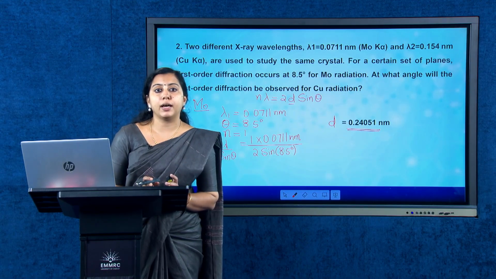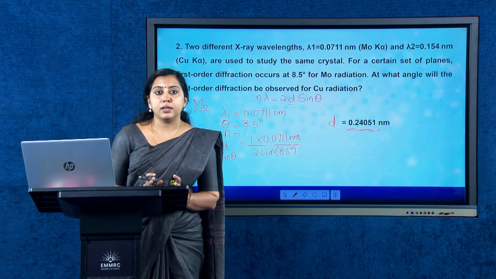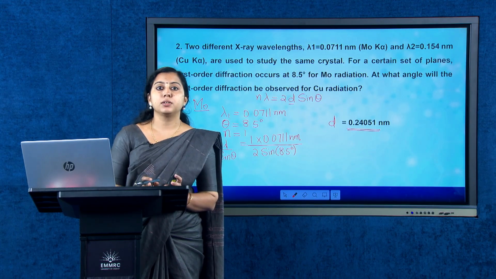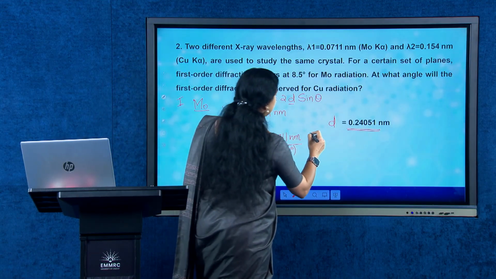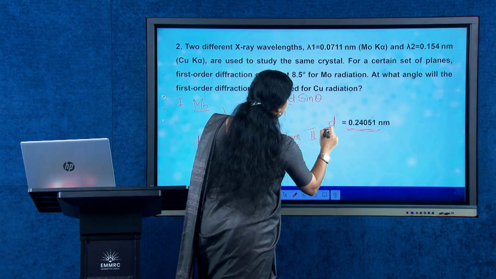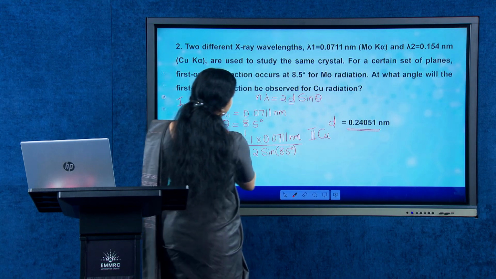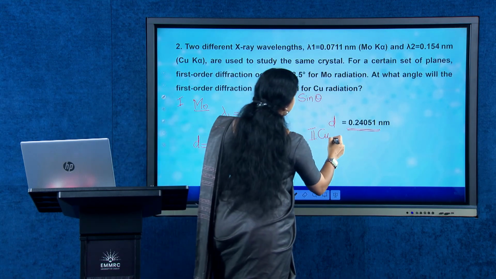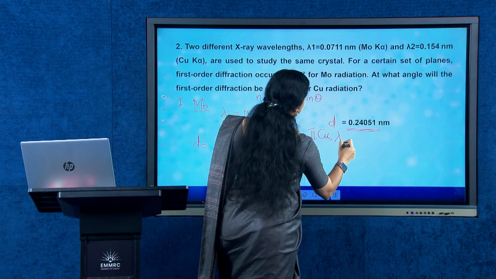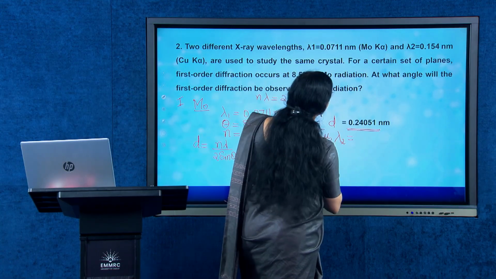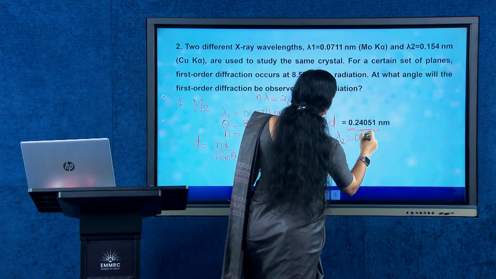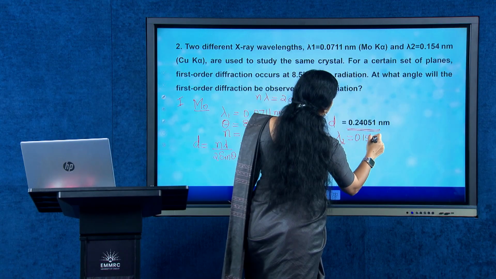We have to find out the angle at which the first order diffraction is observed for copper radiation. So, let us find out the angle for the copper radiation. For copper radiation, the wavelength lambda 2 is equal to 0.154 nanometer.